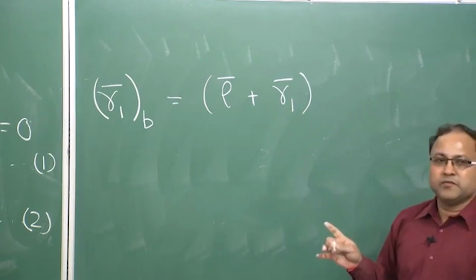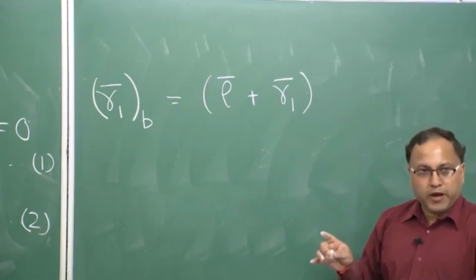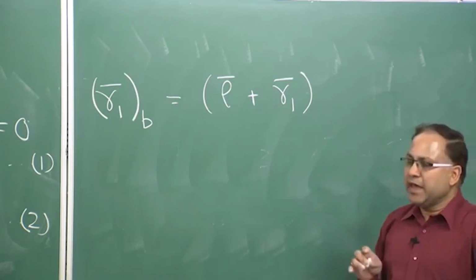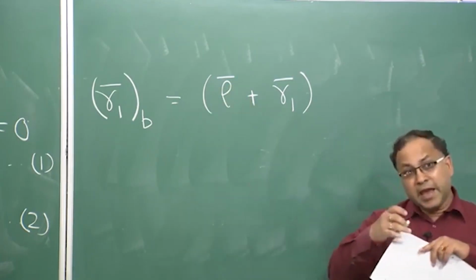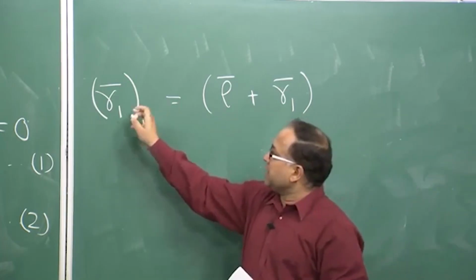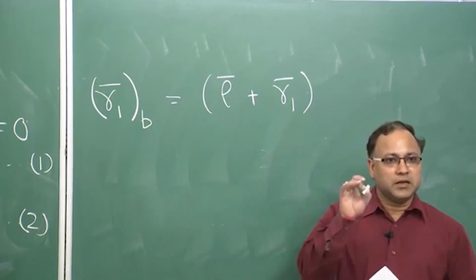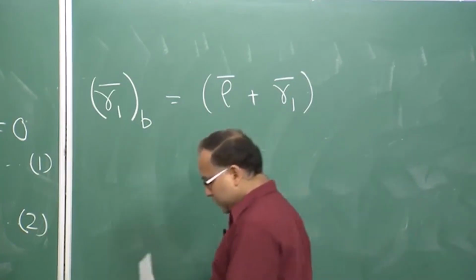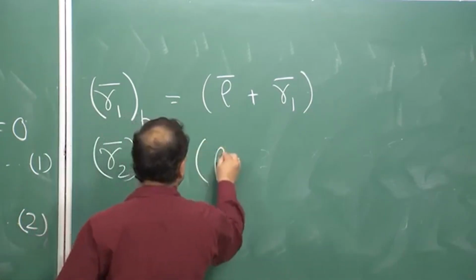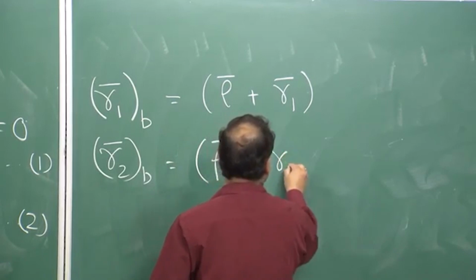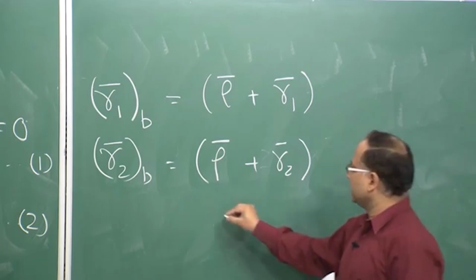R1 is the displacement vector between the point where F1 is acting and point A. So rho is the displacement vector between A and B. In that way I can get the displacement vector from the newly chosen point B. Similarly, I can write R2B is equal to rho plus R2, and so on.